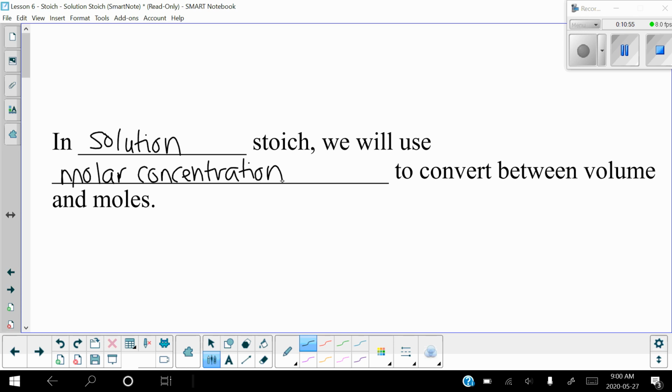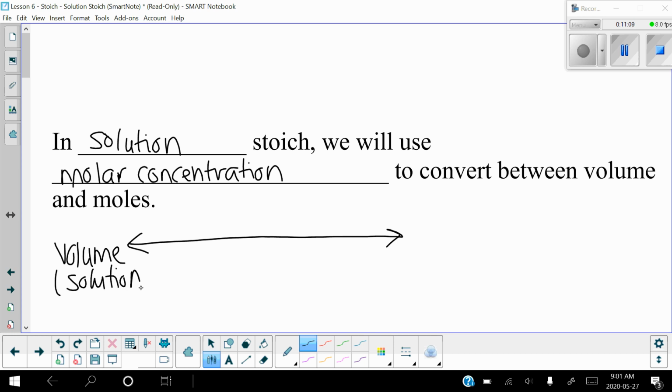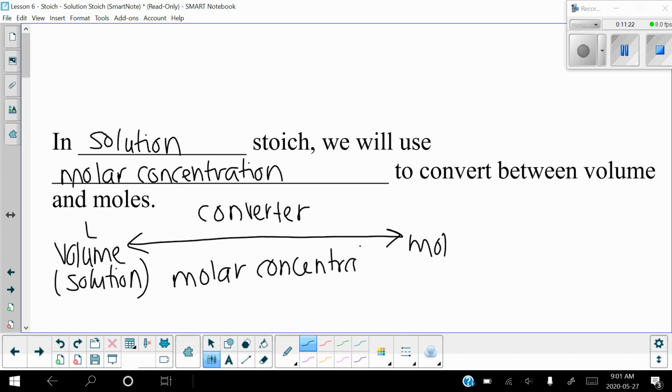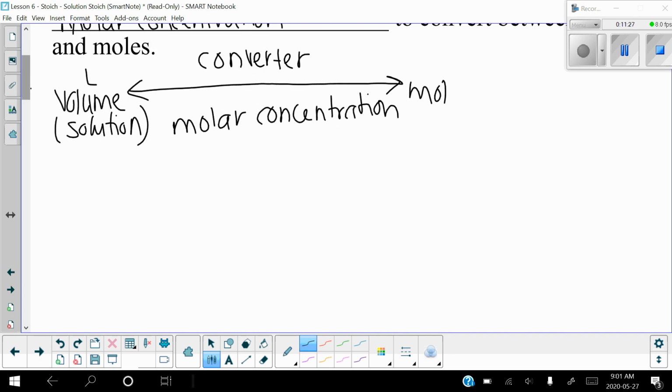Okay, so going on here now, we're going to have volume of a solution. So this is different from a volume in a gas. So volume of a solution, and we want to convert it to moles. The correct converter to choose is molar concentration. Okay, so it's all about making choices.